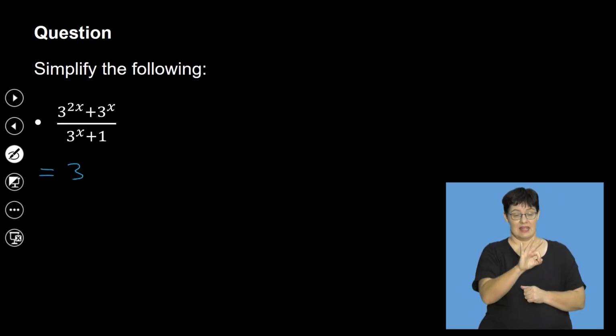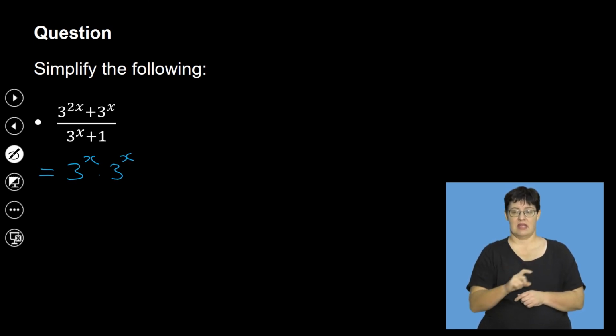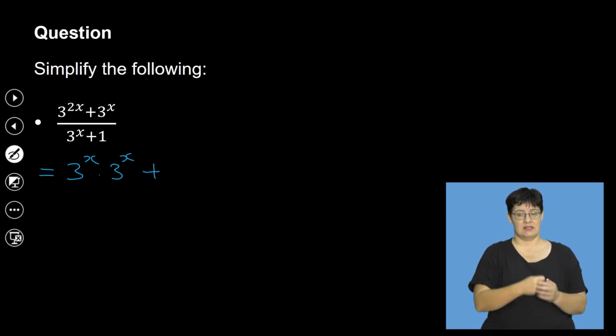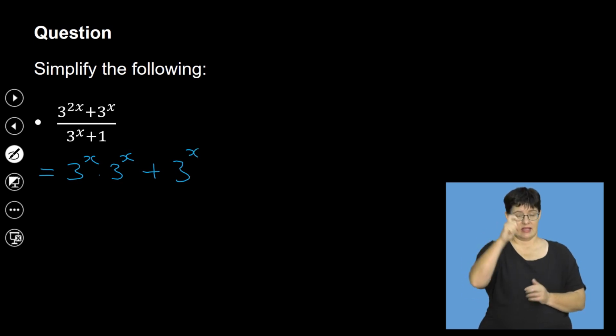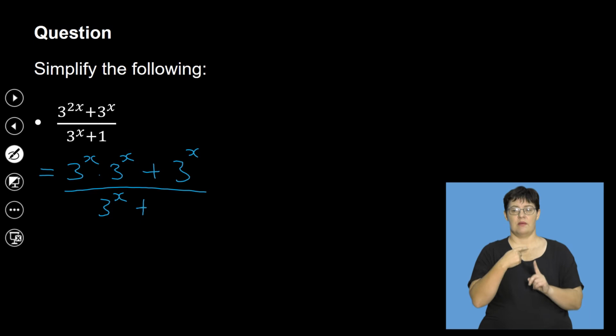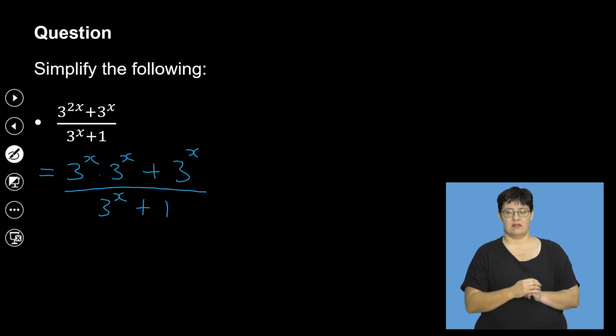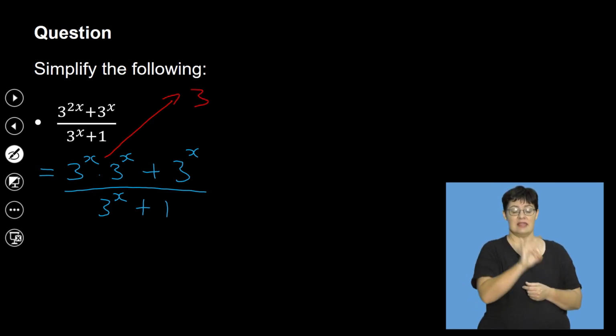So this will be 3 to the exponent of x times 3 to the exponent of x, remember that, plus 3 to the exponent of x, all divided by 3 to the exponent of x plus 1, right? Now, let me just highlight where this comes from. This is the same as me having 3 to the exponent of x plus x.